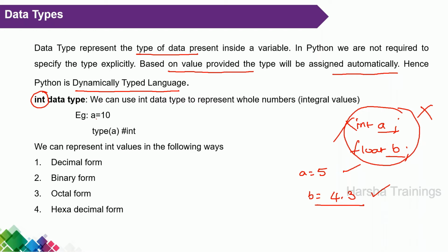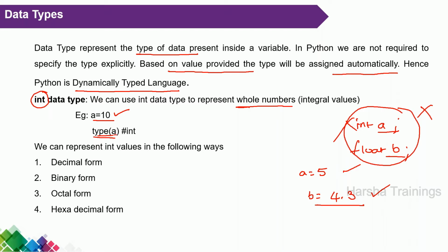First, we will move to the int data type. For example, a is equal to 10. Integer means all whole numbers. So a is an integer. And one more function, a predefined function. Python contains many predefined functions. One more predefined function is type.